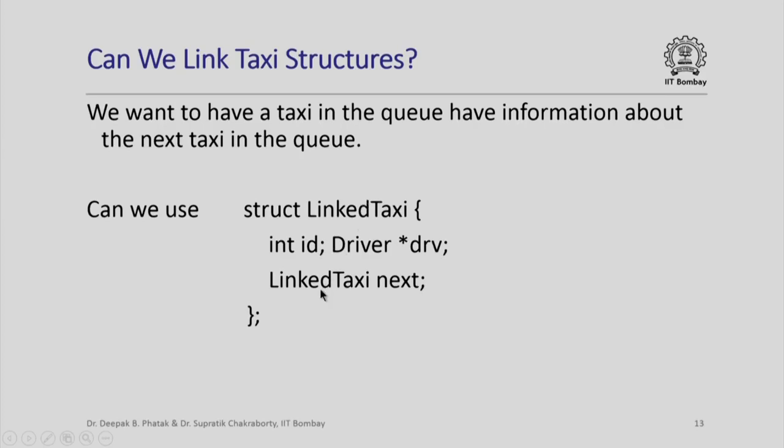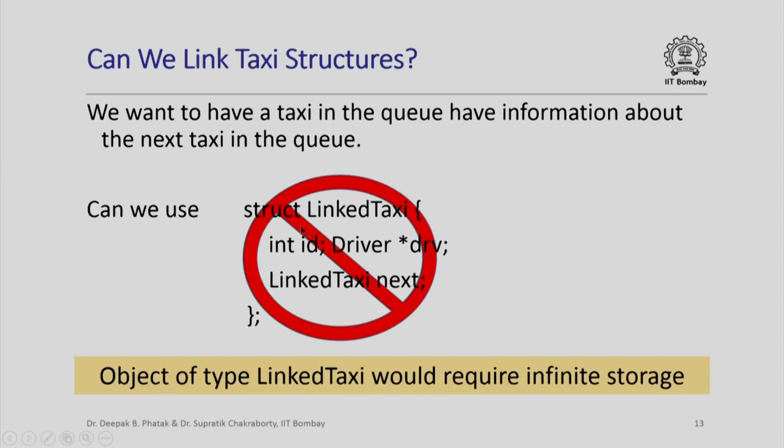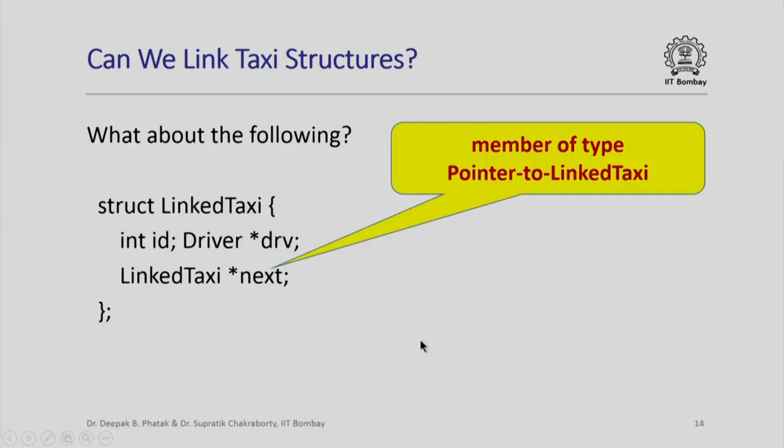Now we have seen in an earlier lecture that such a structure definition cannot be allowed in C++, because this would otherwise lead to objects of the structure type linked taxi requiring an infinite amount of storage. Well, what can we do? Can we try the following alternative? Instead of next being of type linked taxi, can I have next being a pointer to linked taxi?